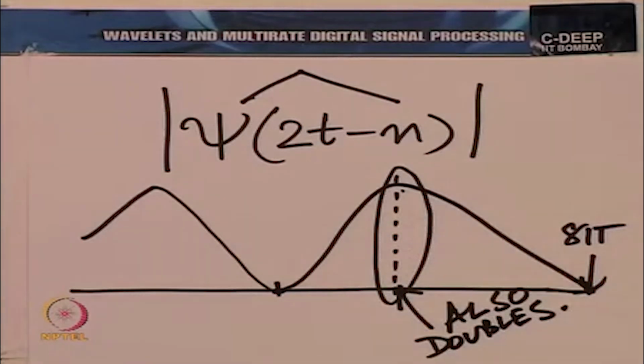Both the band and the center frequency double. So, that means now you are emphasizing a different band. The center frequency is different. Each time you go to a different W, you take W 0, you are emphasizing one band. When you take W 1, you are doubling the center frequency, so you are emphasizing a different band, and of course, the band itself has doubled also.